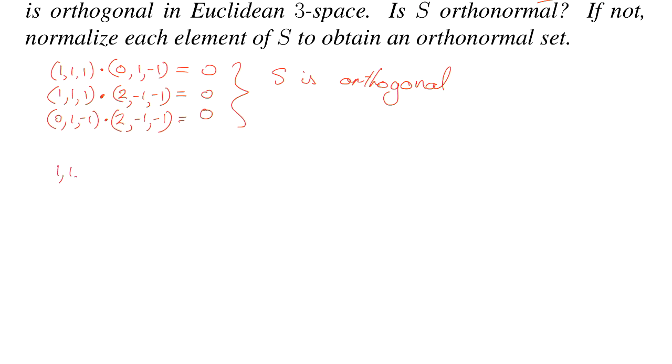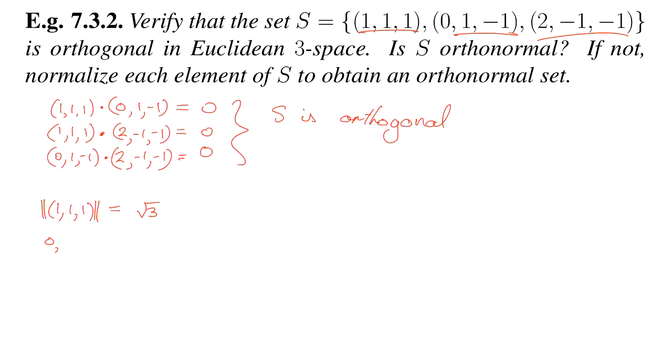If we want to know whether it's orthonormal, we've got to compute the lengths of everybody. The length of this thing is 1 plus 1 plus 1, square rooted, so that's root 3. So that thing is not a unit vector because it doesn't have length 1. So the answer is no here. The length of the second one is root 2. And the length of the third one, because we're using the dot product, is 4 plus 1, square rooted, so that's root 6.